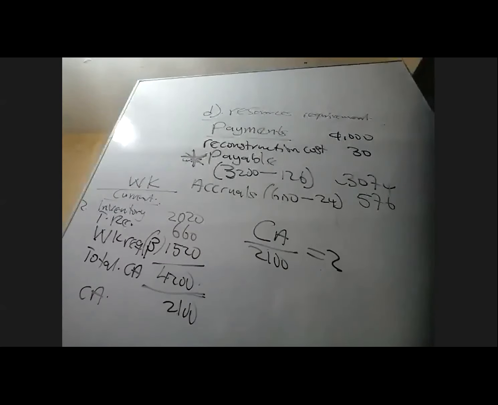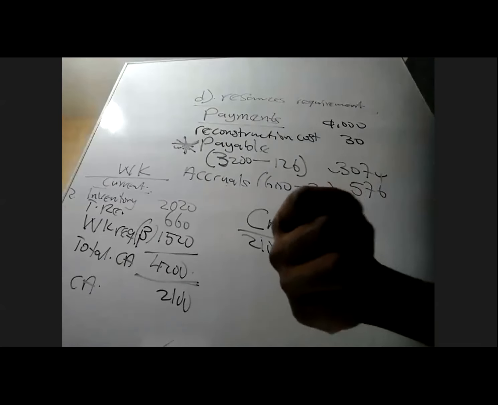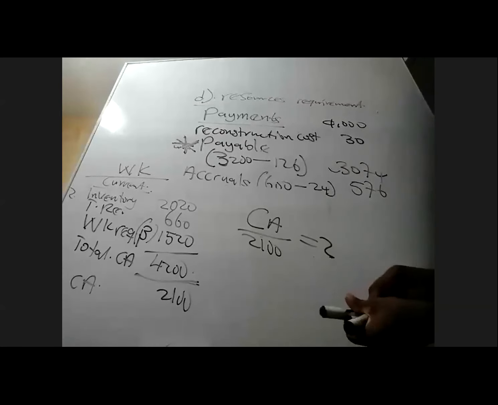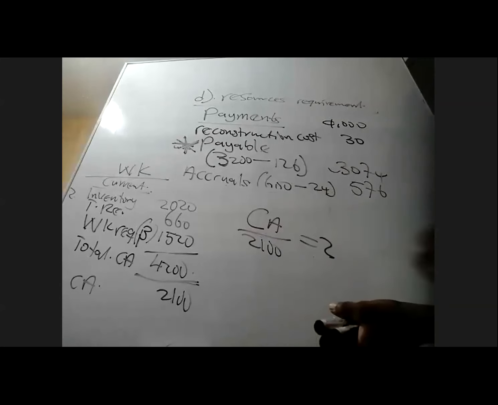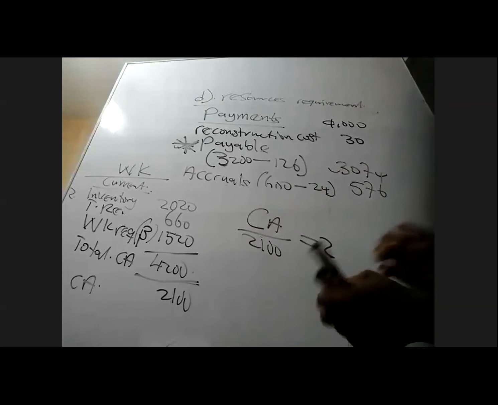Good. Let me go and pick the next question before we continue. In a situation where some of the current liabilities are still around, like the account payable, to the tune of the amount left.